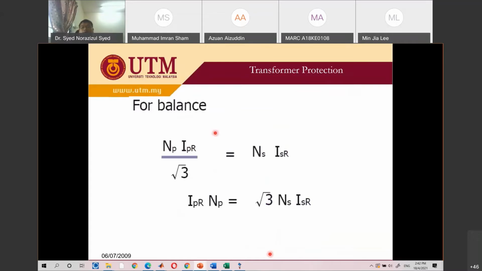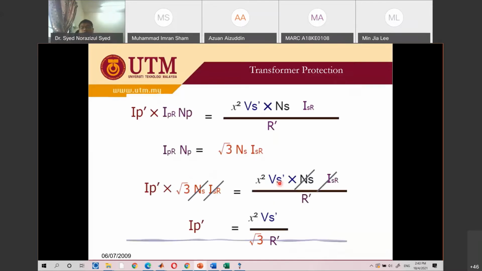For balance, to make sure the current is balanced, NP IPR over Z3 equals NS ISR, and then we rewrite this by putting the Z3 here at this part. Basically the IP prime, you can follow how they derive the equation here.